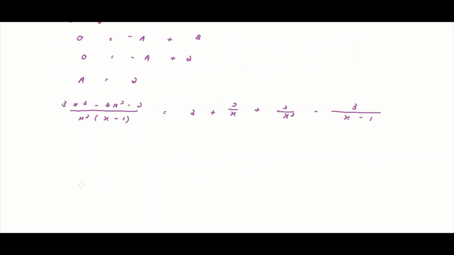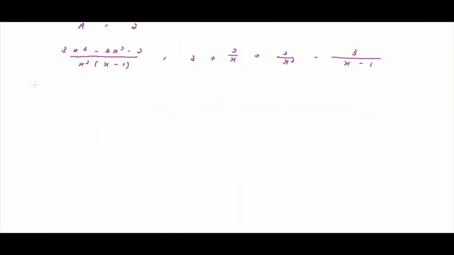Okay, let's continue with the integration. So integrate 3x cubed minus 4x squared minus 2 over x squared times x minus 1 dx, equal to 3. Okay, so for this one, I think it's easier for us to just change it.